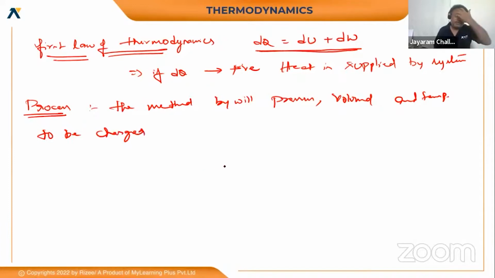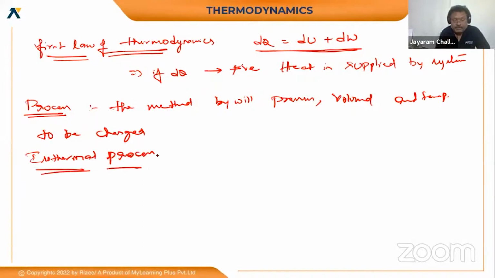Because this is the one which keeps changing like this, in this we can go for the first process, the isothermal process. The isothermal process is the process in which temperature remains constant, T is equal to constant.